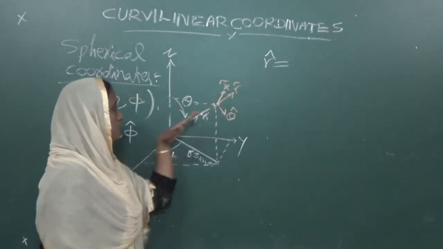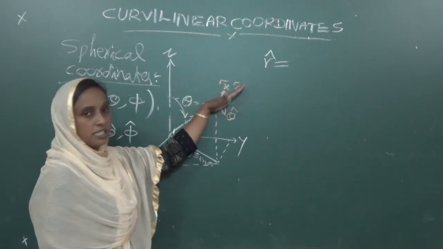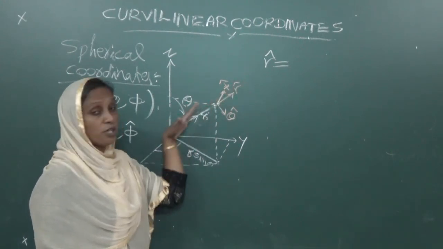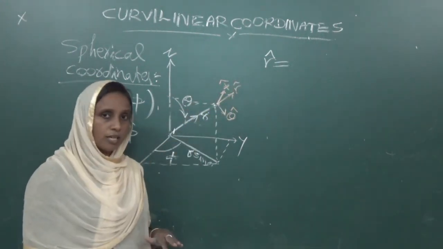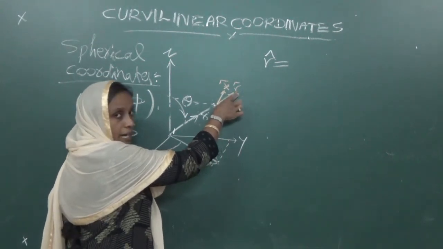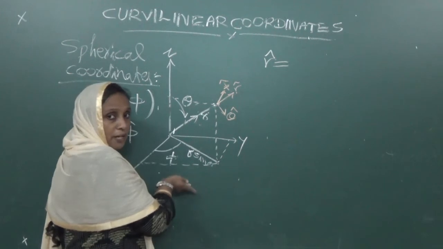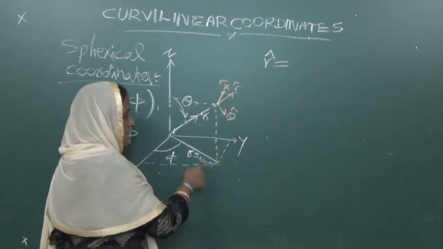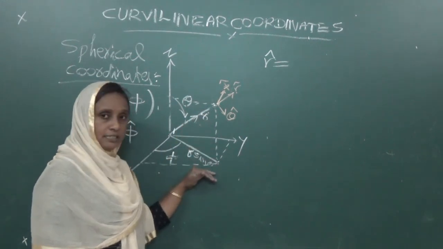Here vector r is this, r cap is pointing radially outward. Now the projection of this r cap in the xy plane is given by sin theta. For vector r it is r sin theta.